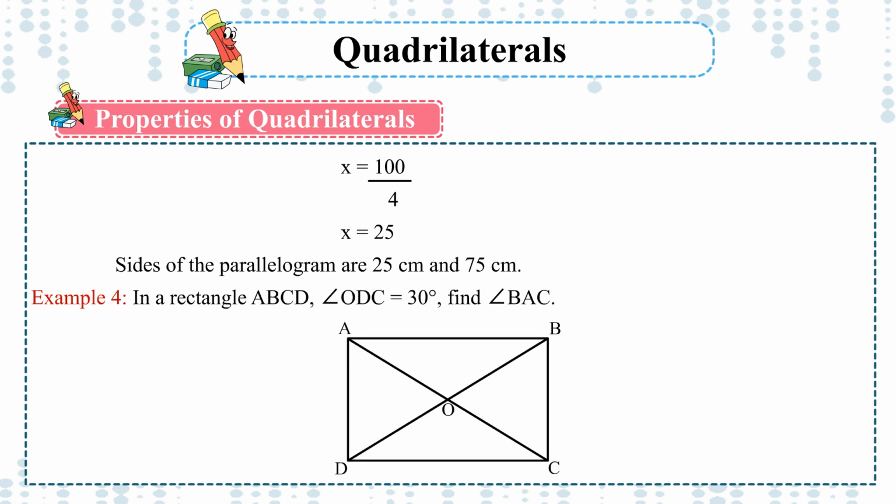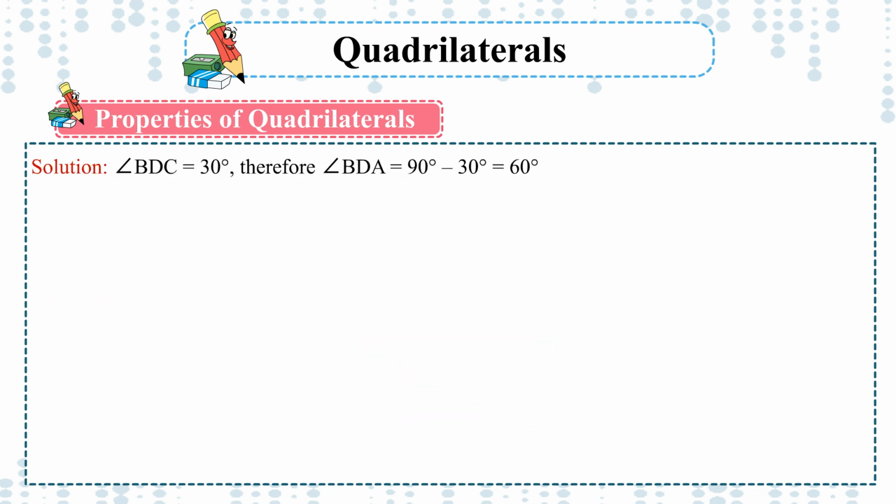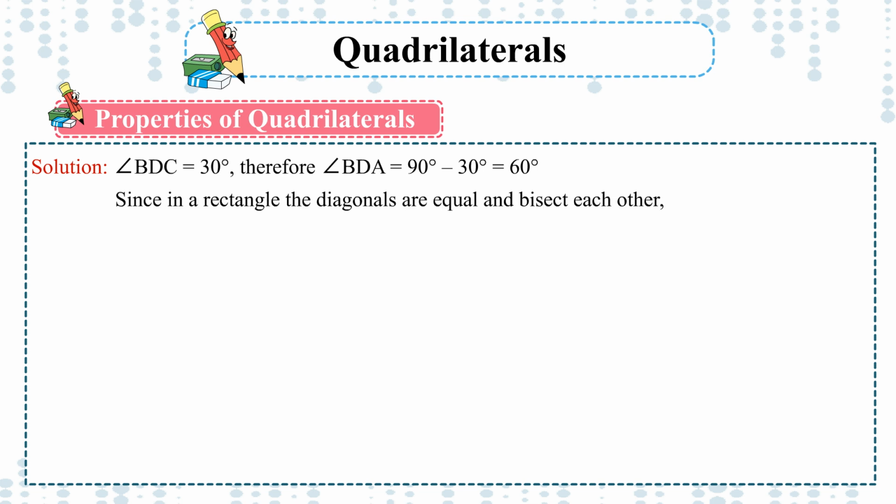Example 4. In a rectangle ABCD, angle ODC is equal to 30 degrees. Find angle BAC. Solution. BDC is equal to 30 degrees. Therefore BDA is equal to 90 degrees minus 30 degrees equals 60 degrees. Since in a rectangle the diagonals are equal and bisect each other, OD is equal to OB is equal to OA is equal to OC.